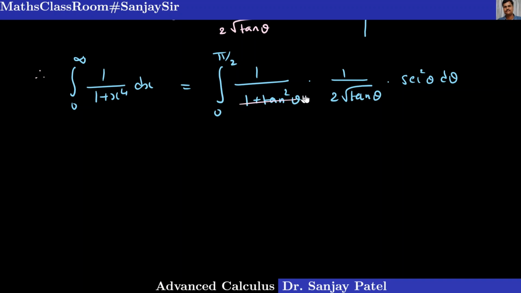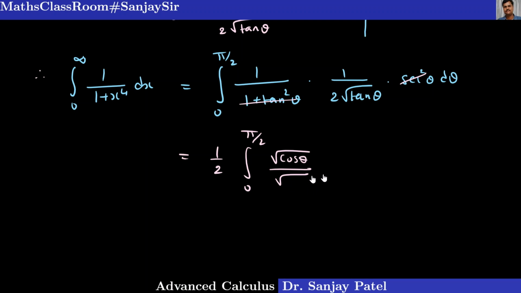This 1 plus tan square theta is sec square theta, which will be cancelled with this, and you will get 1 upon 2 times integral 0 to pi by 2 1 upon root tan theta.